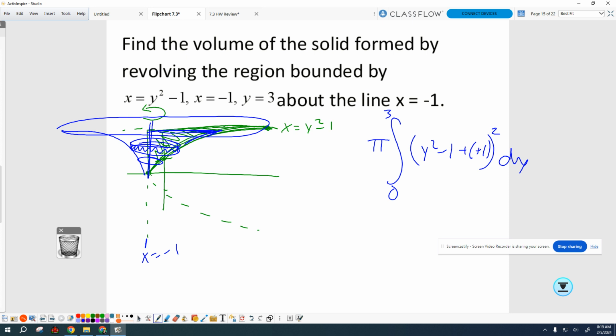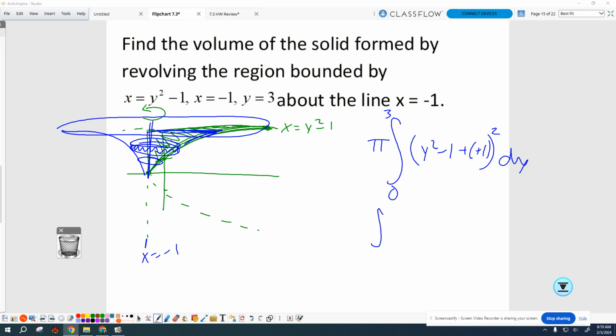So that's actually adding. It simplified pretty nicely. So I'm just integrating y to the 4th.